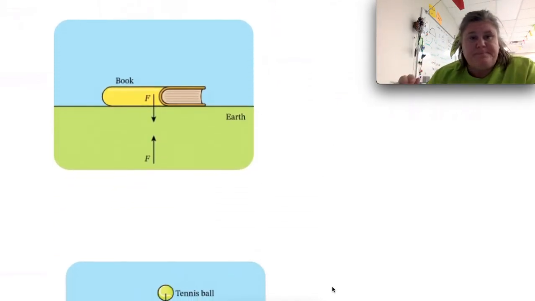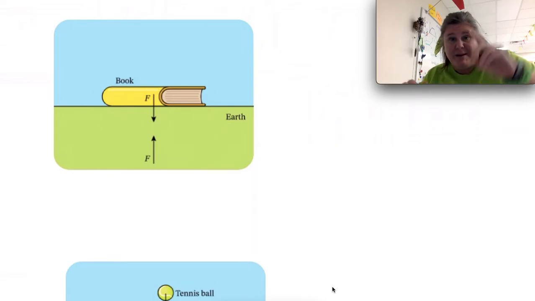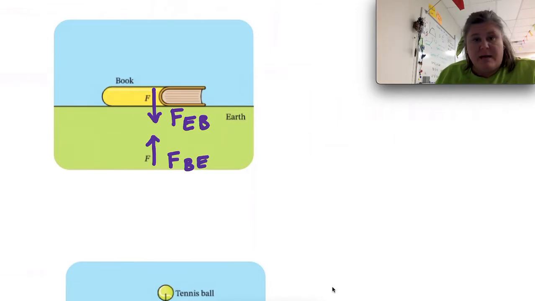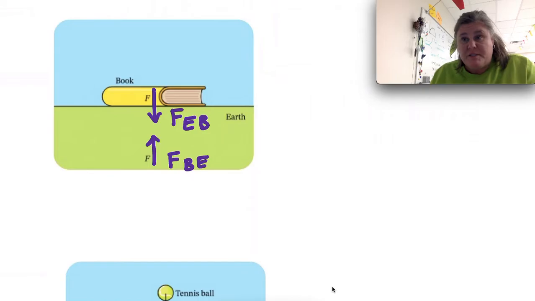Let's look at this one. So here you have the book and the earth. There are your two objects. You've got the force of the earth on the book, and you have the force of the book on the earth. Those forces are equal and opposite.